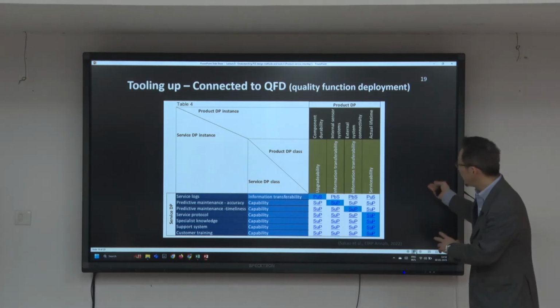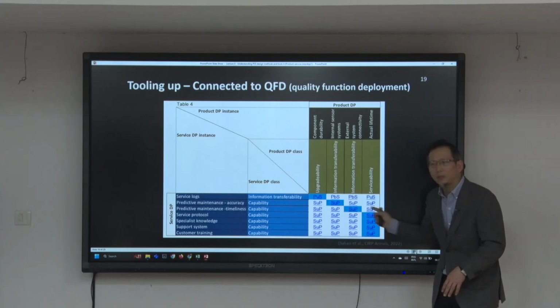relations between the product and service will be indicated in this matrix.